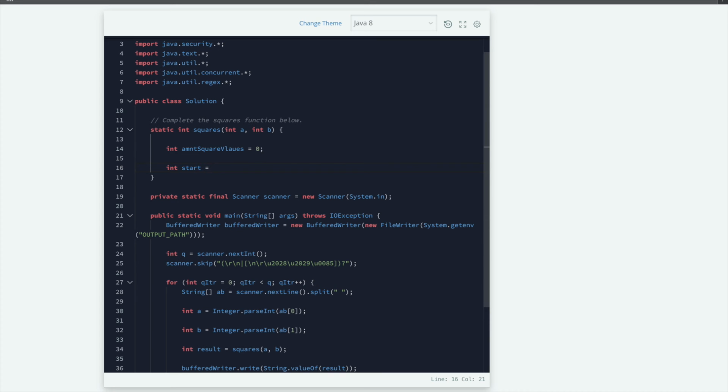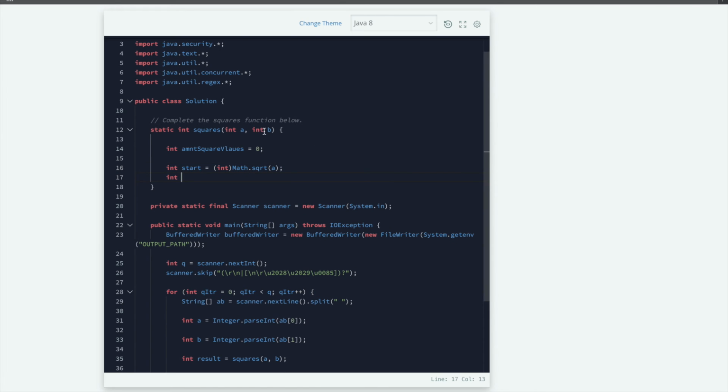We want to take the square root of that and go through that smaller one. So we would do Math.sqrt of a, and we want to cast this into an integer, because this would be a double. We do the same with the end, which is b of our interval. Again cast, Math.sqrt of b.